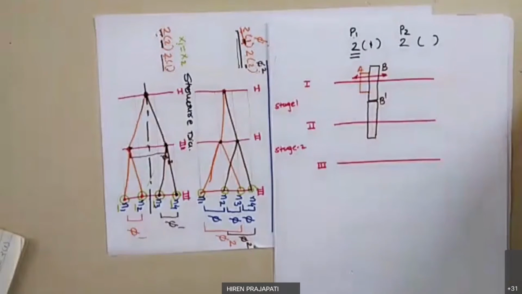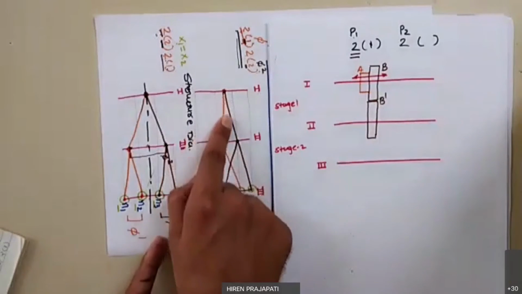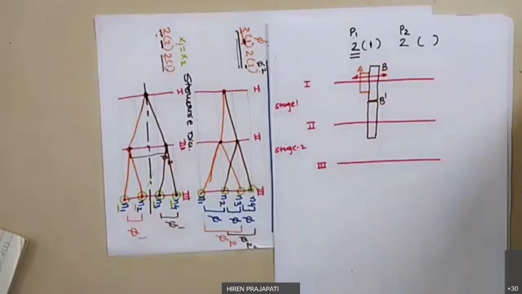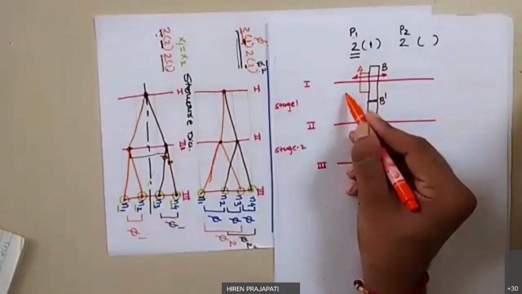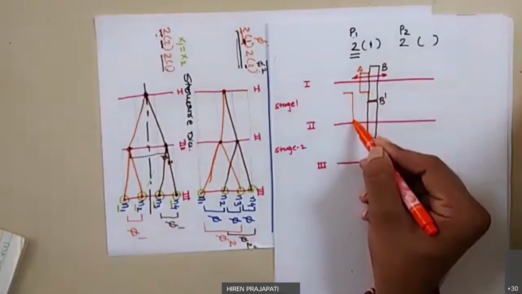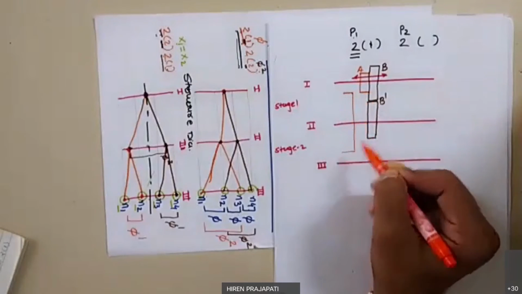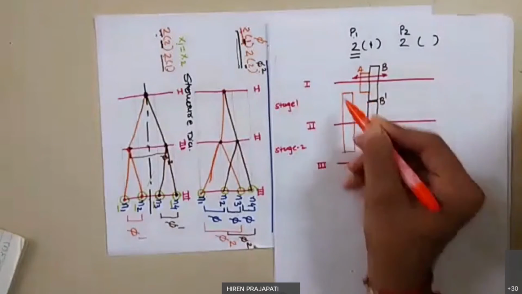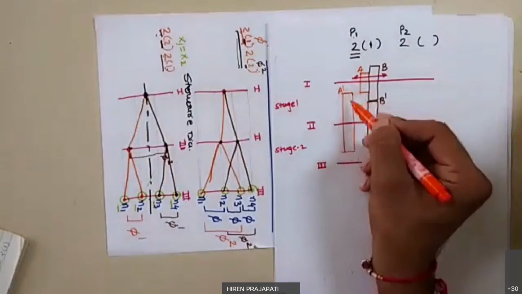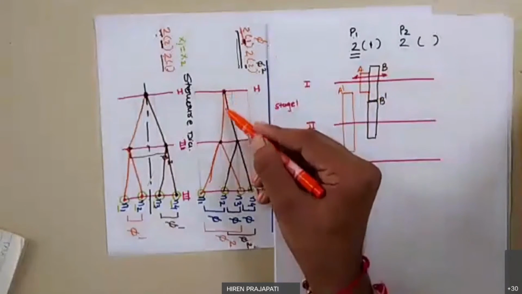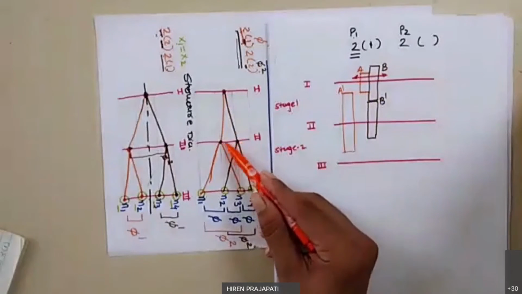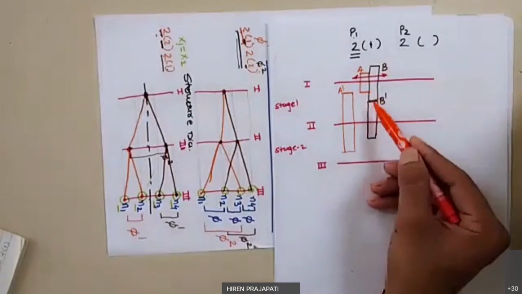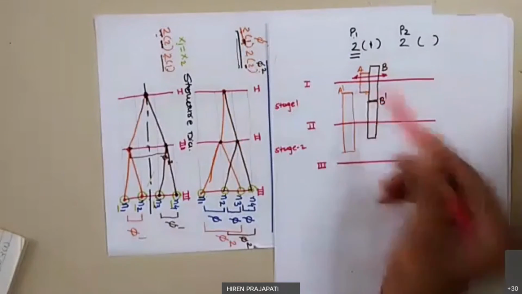B dash and B are in contact, so that's why we are getting this speed, right? And as I told you, we can slide this gear cluster so that when A meets A dash, we get a different RPM, which is indicated here by this line. So we are getting N3 and N2, right?